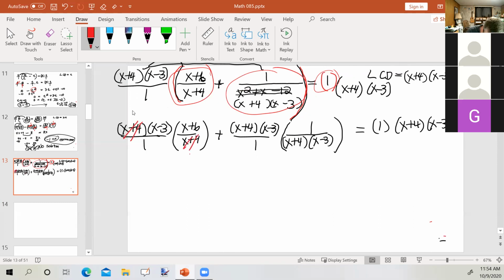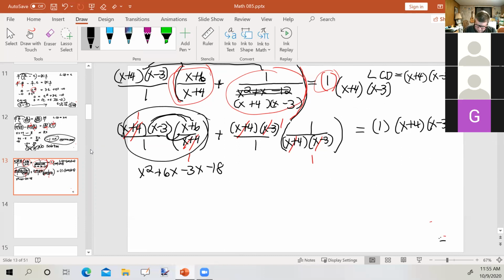So now these reduce out to a 1 over 1. These reduce out to a 1 over 1. And the final product, nothing reduces out. So here I have x minus 3 times x plus 6, which is going to be x squared plus 6x minus 3x minus 18.